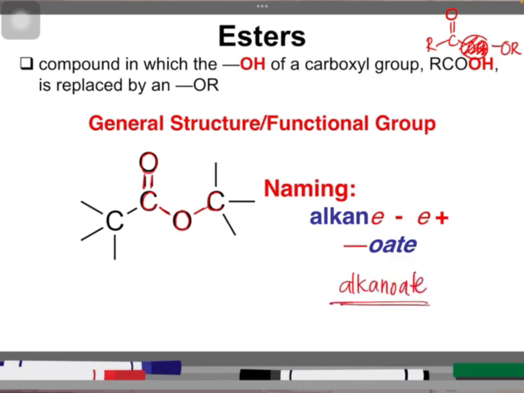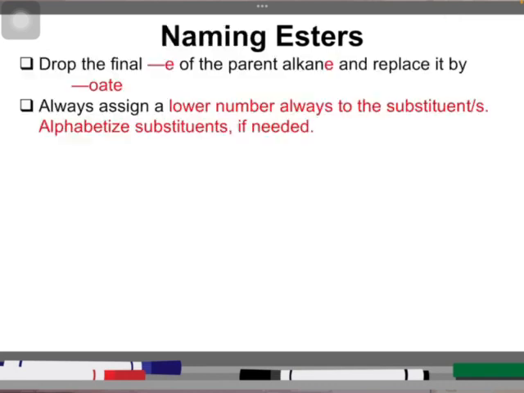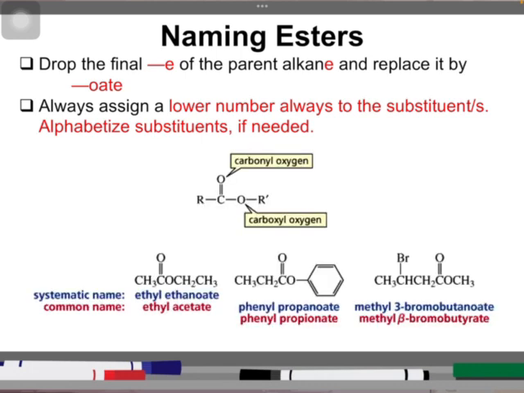So let's give some examples for esters. Ulit-ulit lagi: drop the final E from the parent alkane name and replace it with oate. Always assign a lower number to the substituent, and alphabetize the substituents if needed. So, bigay lang tayo ng mga counting examples na lang to.